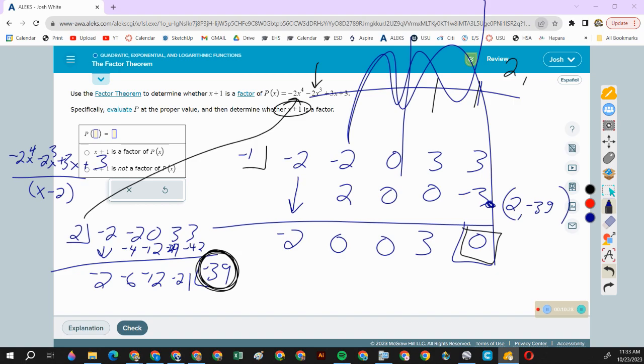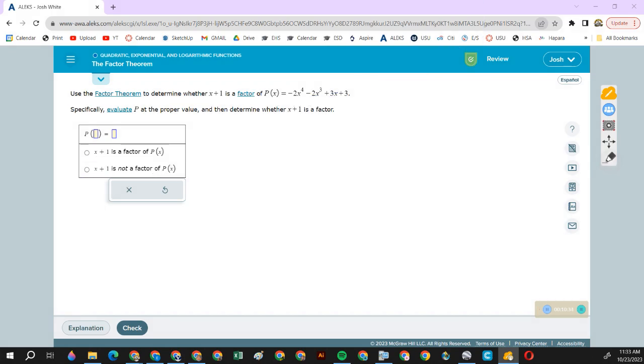So how do you find out whether or not x plus 1 is a factor? The easiest way is just to plug in negative 1 and see what you get. So what is p of negative 1? We just stick negative 1 in there. So we get negative 2 times negative 1 to the 4th, which is just 1.